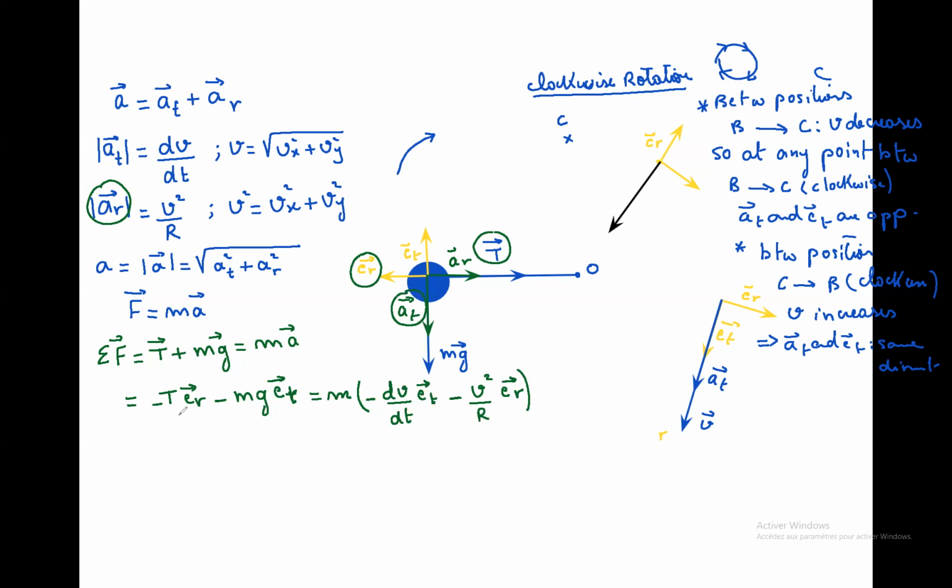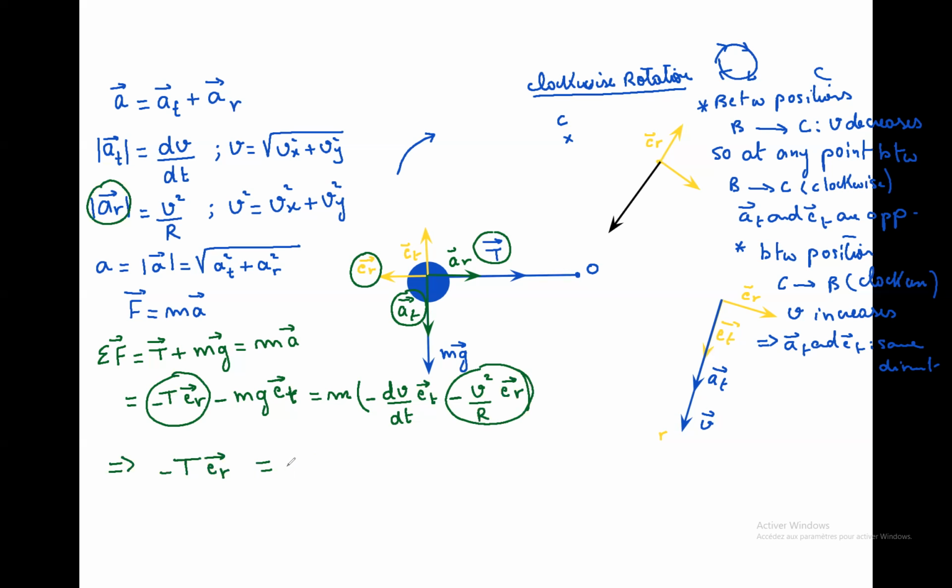Okay, now we take er with er, et with et. So minus T er equal this one with this one, equal minus v square divided by r. We have m here, we have m.